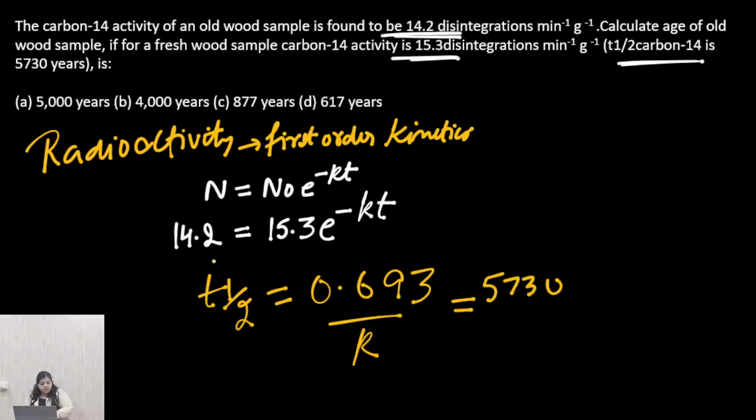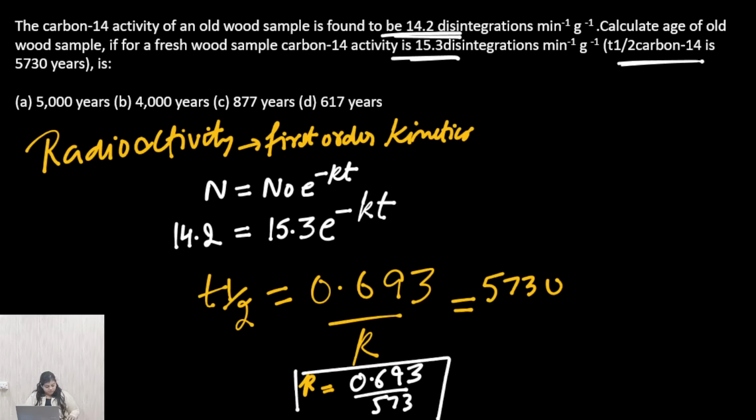So using this we will find the k value. My k value will be equal to 0.693 by 5730. Substitute this k value in the above expression.